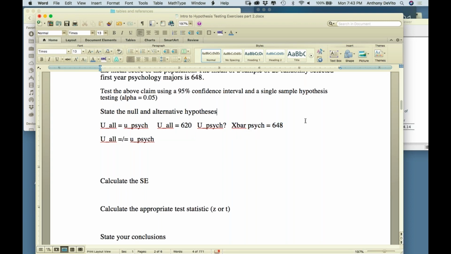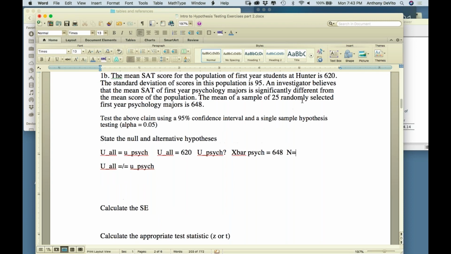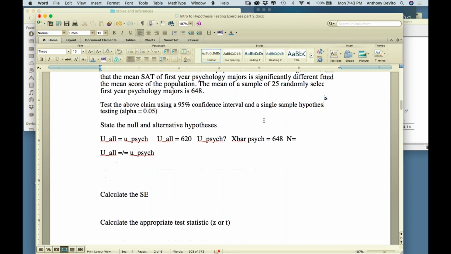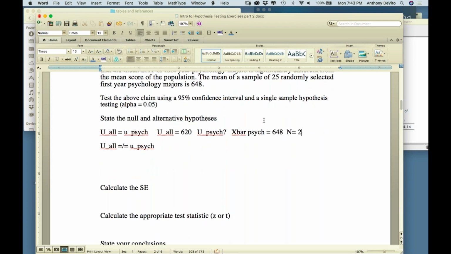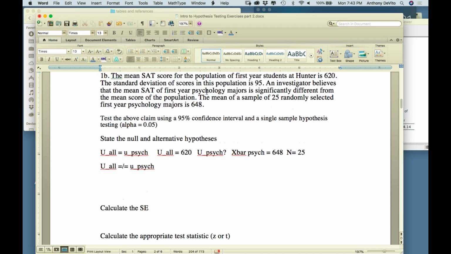What was the size of that sample? Size of that sample was equal to, let's say, what was it again? Was it 25? 25 randomly selected students. That means n equals 25. So we need a standard deviation here, right? So we can calculate our standard error. Do we have a standard deviation? The standard deviation of the population is 95. Okay.